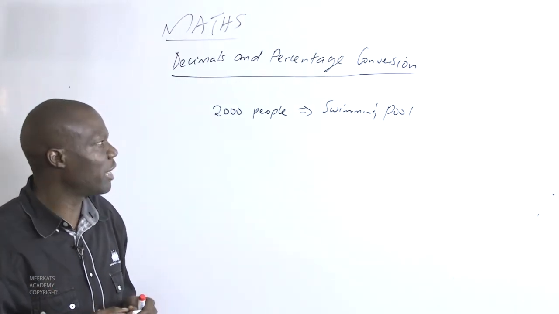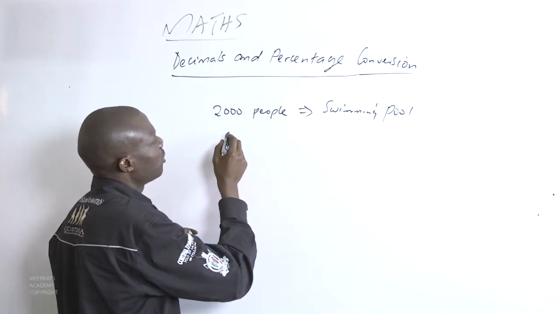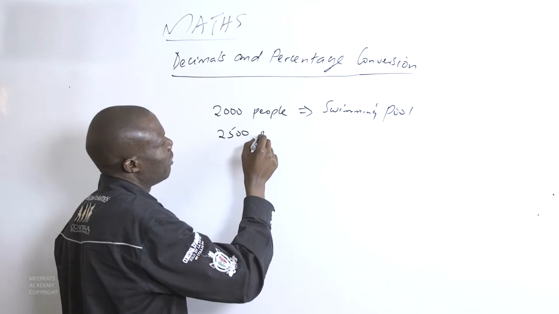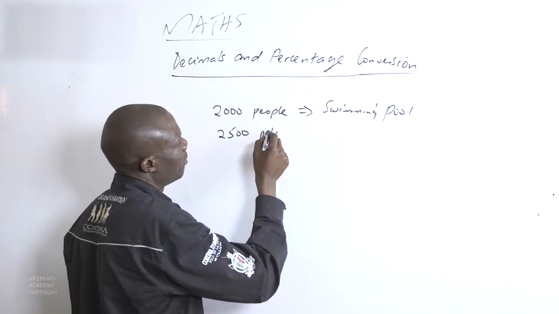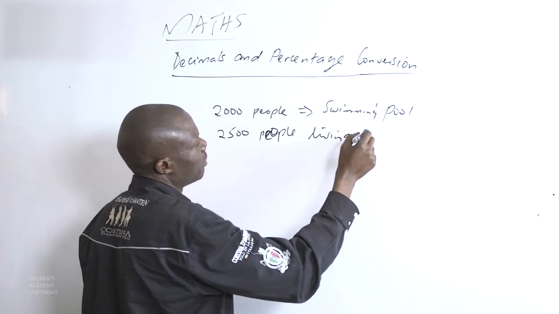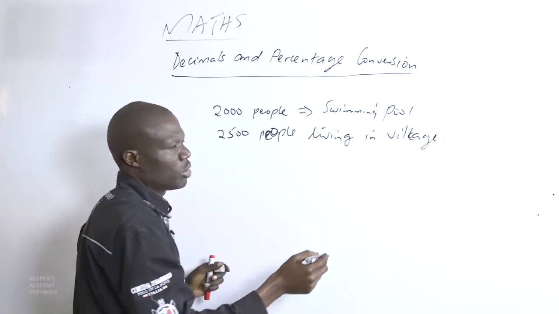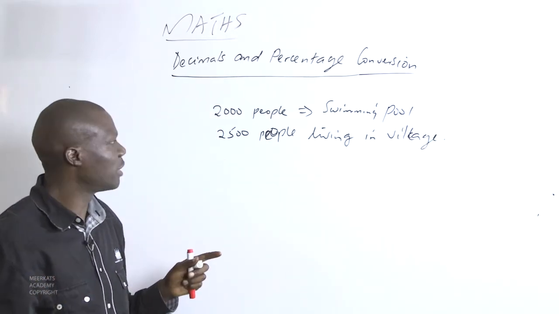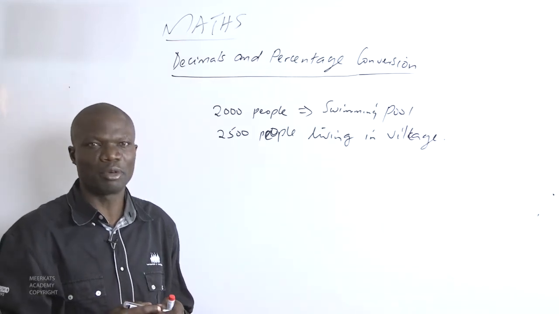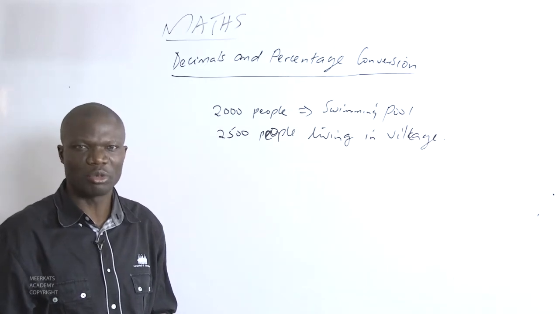But if we say the total number of people living in the village is 2,500, then we find the proportion: 2,000 of the 2,500 people are interested in the construction of a swimming pool.